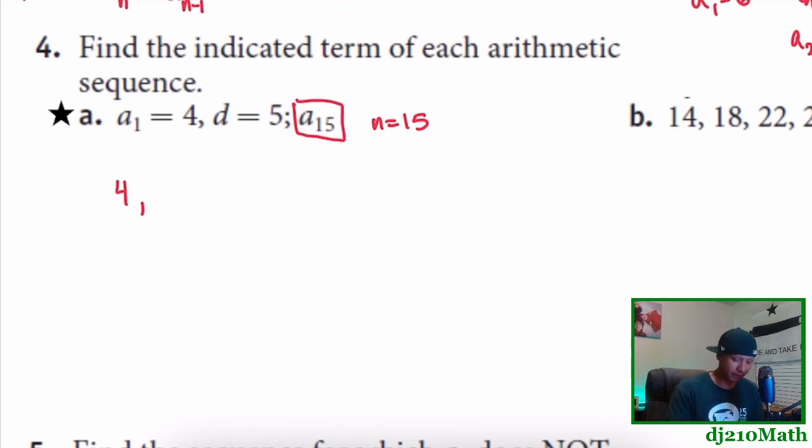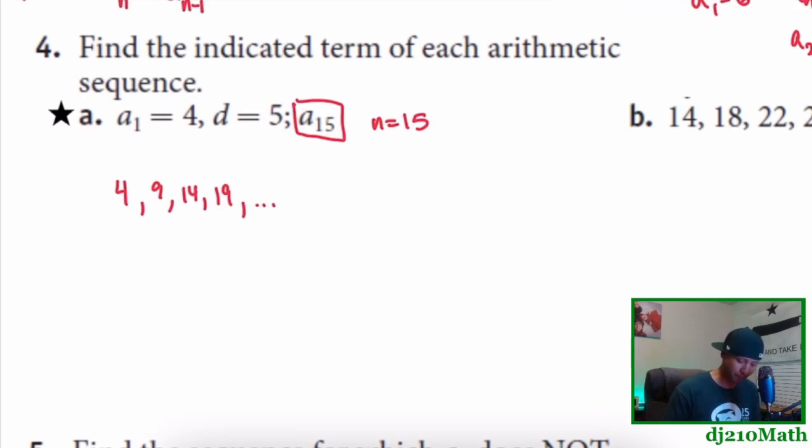Common difference of 5, right? This a sub 1 is the first term, d is the difference. So 4 plus 5 is 9, plus 5 is 14, plus 5 is 19, right? If this were to keep going, I couldn't write out 15 different numbers, but there is a better way.